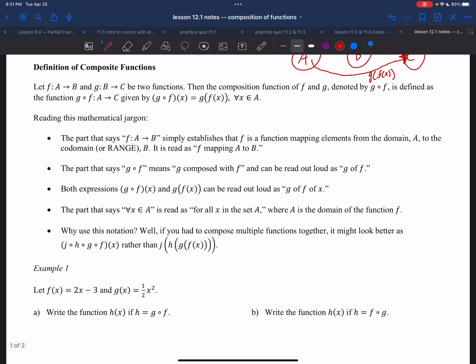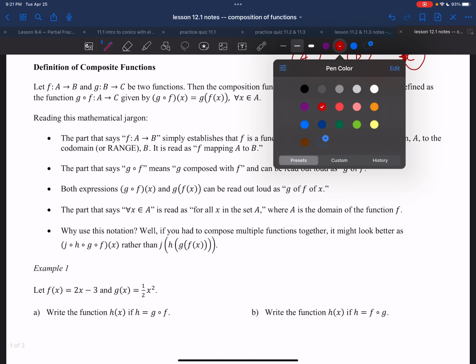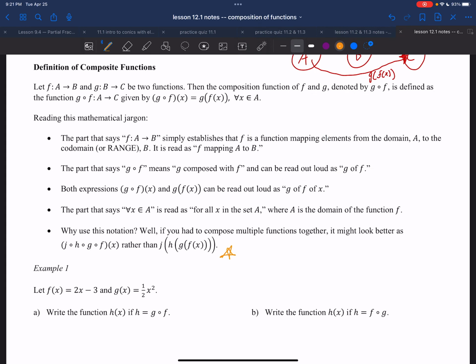All right? So maybe I'll put this in yellow here. All this means is a function of a function.